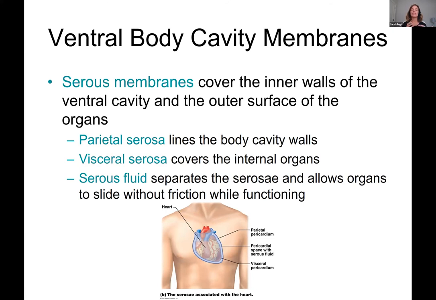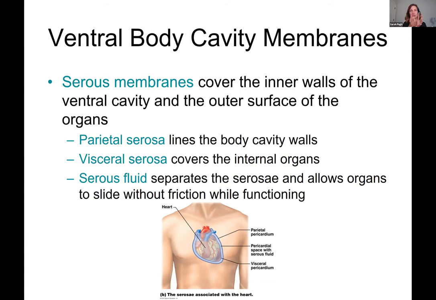And so having some serous membranes that are made of a tissue that really cuts down on friction is important because your organs, you don't have a lot of space in your body. Your organs are all jam-packed together in there. You guys are not doing a rat dissection this semester, but you will do a rat dissection in AP2. And when you cut that rat open, you're going to see that there is no extra space.